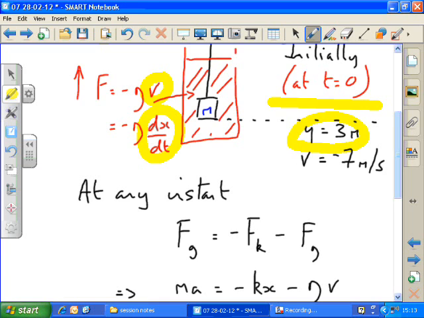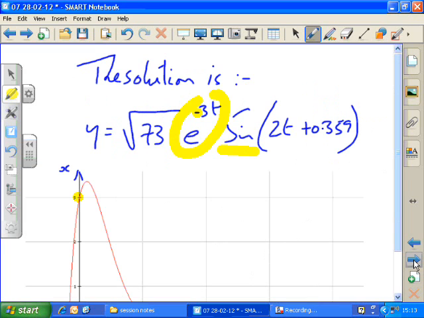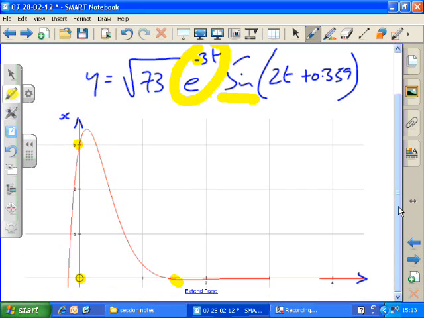And if we look at the graph on the next page, we can see that it's starting at 3, so the initial displacement when time equals 0 is 3, and there's a velocity of minus 7 meters per second. And we can see that it's actually got a velocity because there's a rate of change of x with time at that point. So certainly the velocity is not 0.